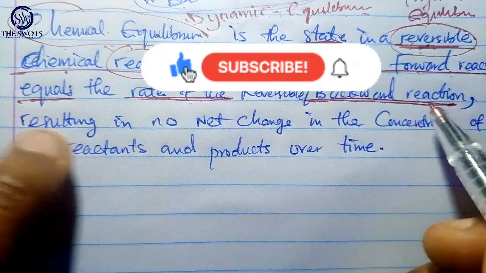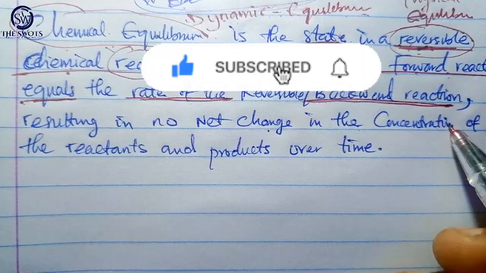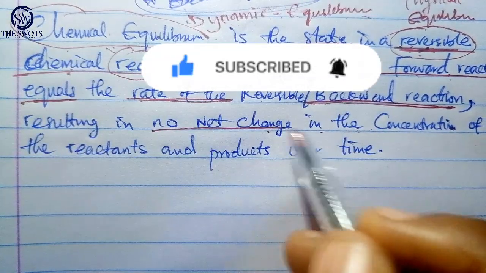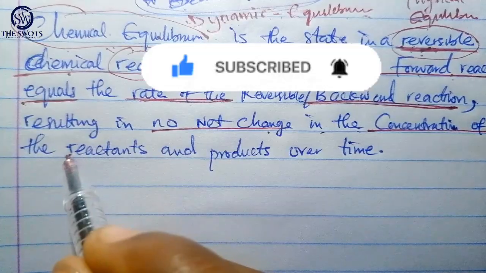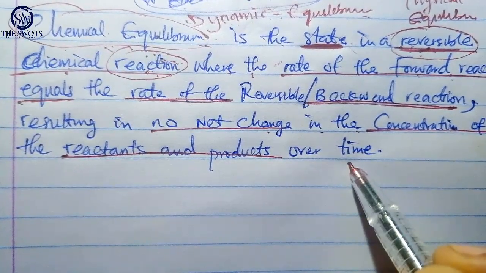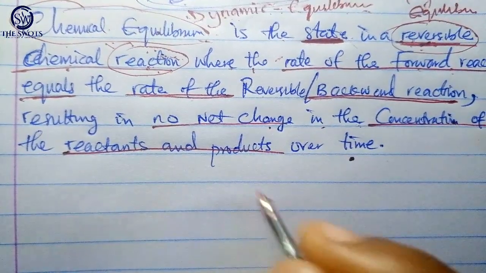And taking note that there is no net change in the concentration of the reactants and products over time. Now, this is what I want you to understand.